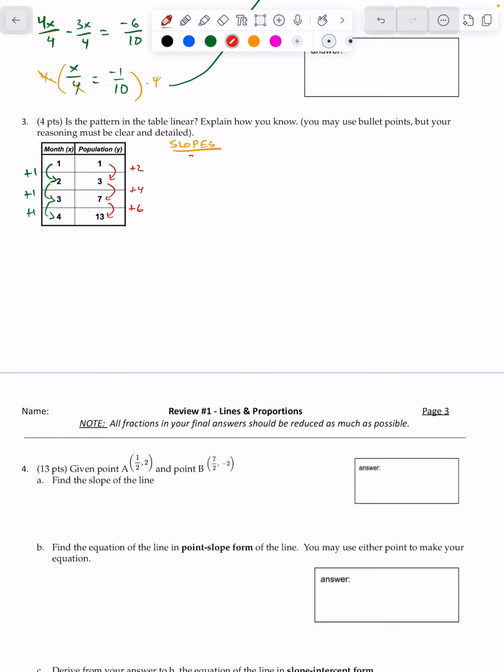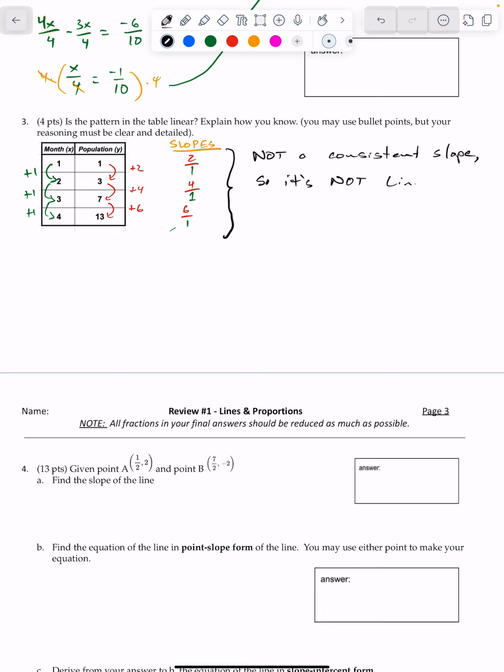Well, here I get 2/1, and then in the next line I get 4/1, and then in the last one I get 6/1. So it's not a consistent slope. So it's not linear.